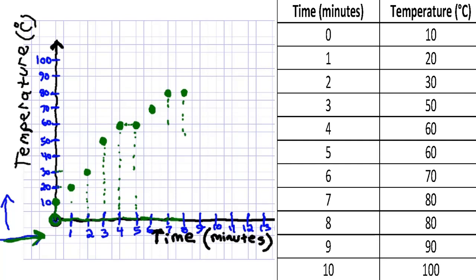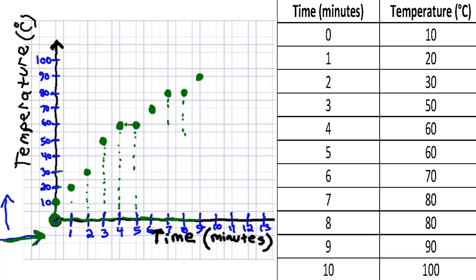Now our next set of values is at 9 minutes. The temperature is 90 degrees Celsius. So let's go over to our graph, and at 9 minutes on our timeline, we're going to go up to 90 degrees Celsius, which is right here.